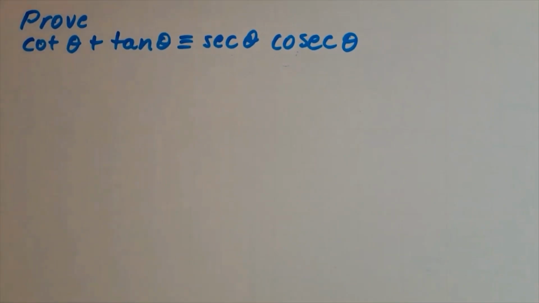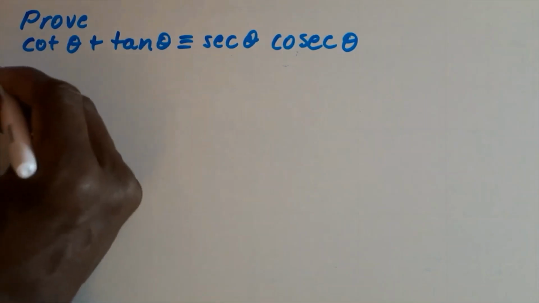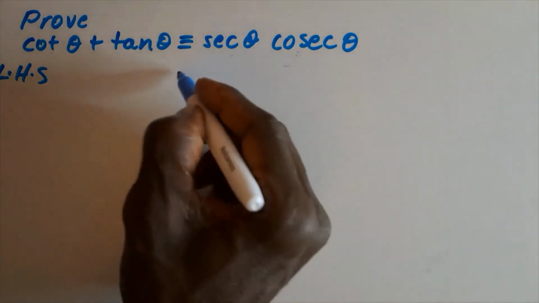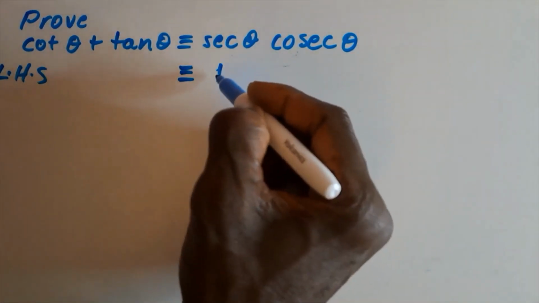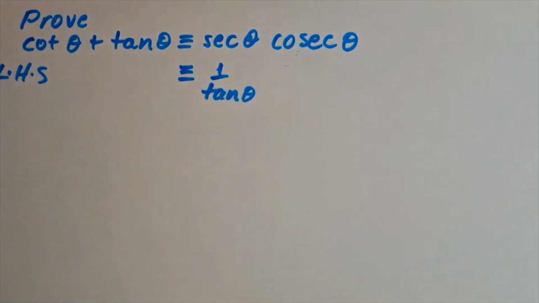Hi. Prove that cot theta add tan theta is identical to sec theta cosec theta. We'll start with the left hand side and we'll simplify it. So first we have cot theta, we'll write that as the reciprocal of tan theta.